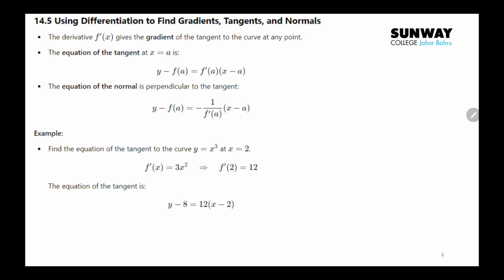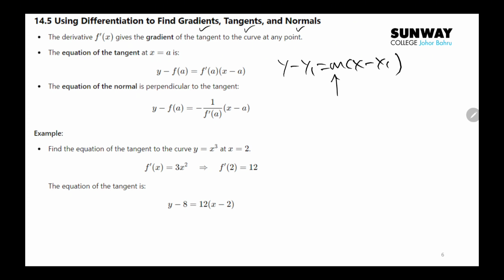You can use differentiation in some of the following applications, such as to find gradients, tangents, and the equation of a normal. The equation of a tangent, as we have seen before, is y minus y1 equals m(x minus x1). So differentiation really can help you to figure out the value of the gradient.